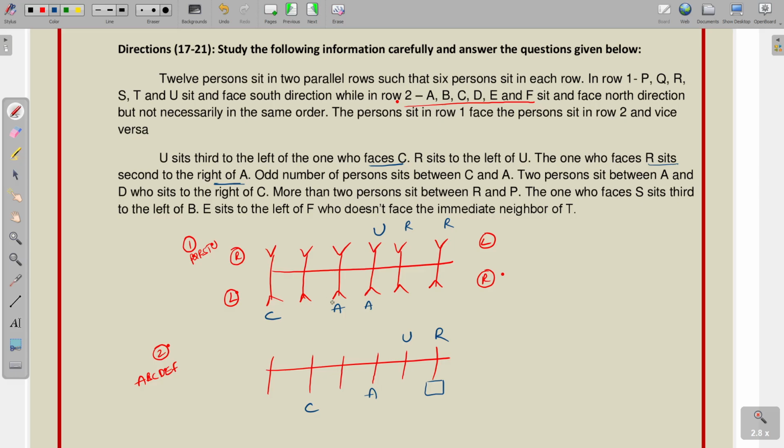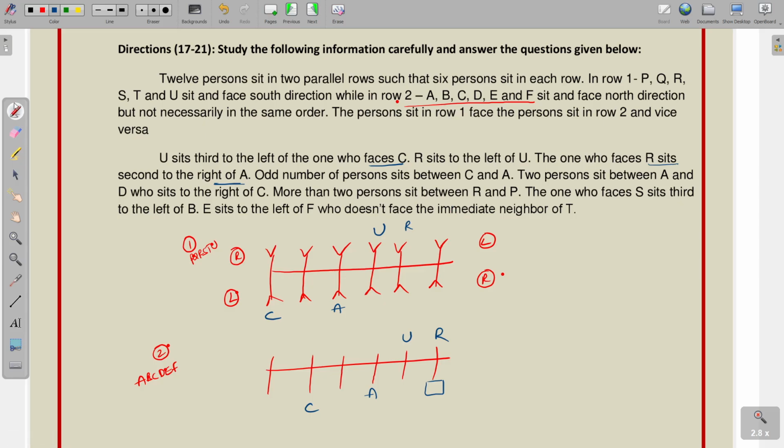Wherever we place A, between both there must be an odd number of persons. Suppose A is placed here, between C and A there are two persons, 2 is an even number, this one is not correct, and only A is placed here. And if A is placed here, R is coming here only, R is not coming here.